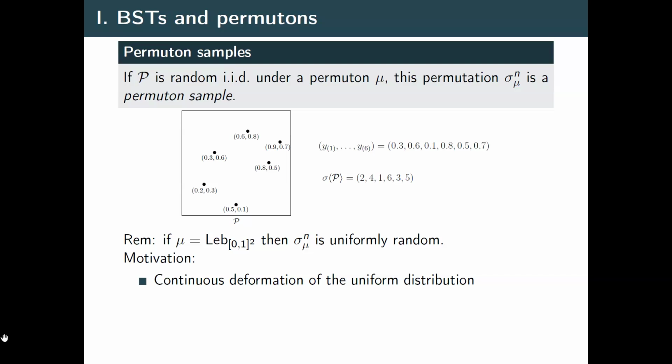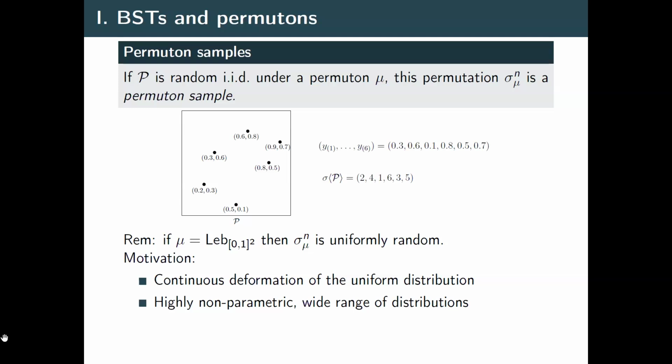So the idea is that if you have a permuton which has a nice density with respect to the Lebesgue measure, then you may think that this random permutation is quite close in some sense to a uniformly random permutation, which is quite a common thing when you study random permutations. For example, it's the case for Mallows random permutations. But here, the parameter is a permuton mu. It's not just a real number. So this defines an infinite dimensional family of random permutations.